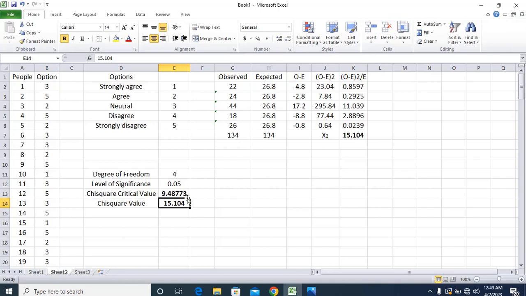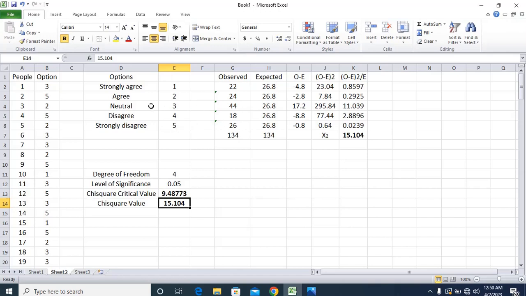If the chi-square value was less than the critical value, less than 9.4, then the null hypothesis is accepted and the alternative hypothesis is rejected. But over here the alternative hypothesis is accepted and the null hypothesis is rejected. This value means that there is a big difference between the selection of each mark. Each mark is selected very precisely, not randomly.